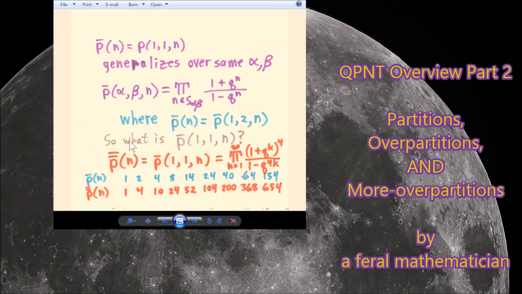So we're getting this sort of picture here where partitions are the zero-level partitions, over-partitions are one-level partitions, and these are the two-level or 2-over-partitions.